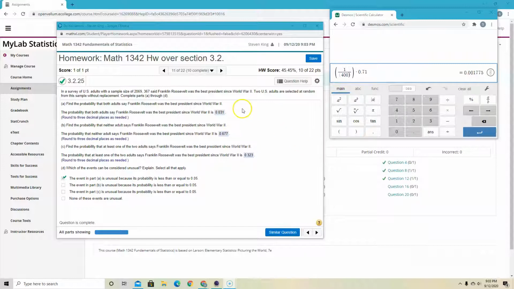So number 11, it tells us here, class, in a survey of United States adults with a sample of 2,069 adults were surveyed. And they were asked if Franklin Delano Roosevelt was the best president since World War II.